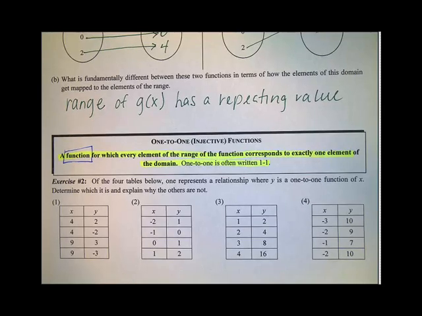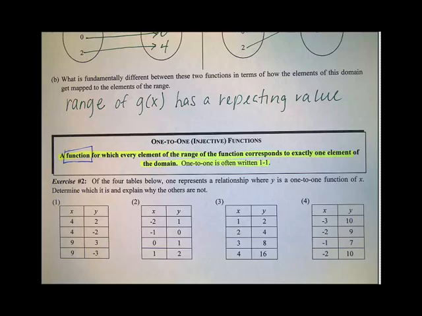In order for it to be one-to-one, each x has to have only one y, and each y has to have only one x. So be very careful that you don't just see that the range has to have exactly one element of the domain. Remember, it has to be a function. So neither x nor y can repeat, okay?